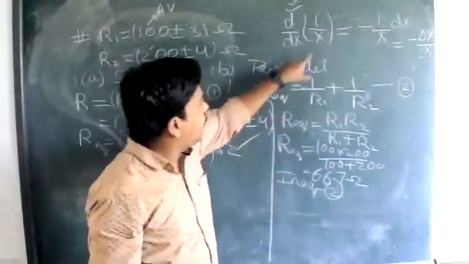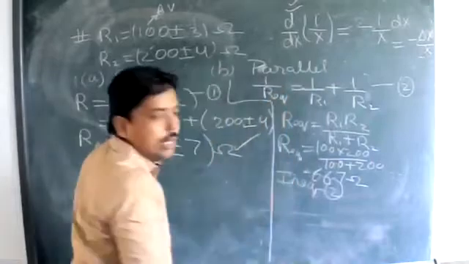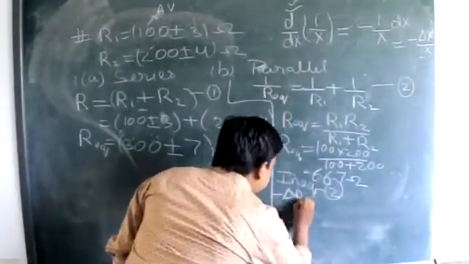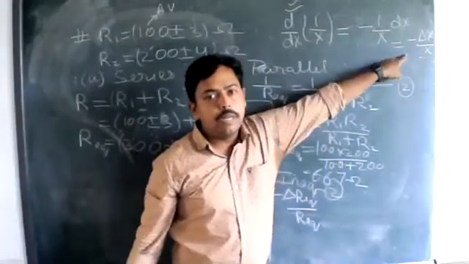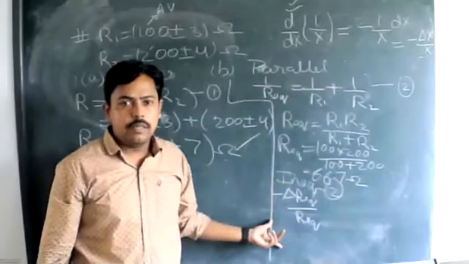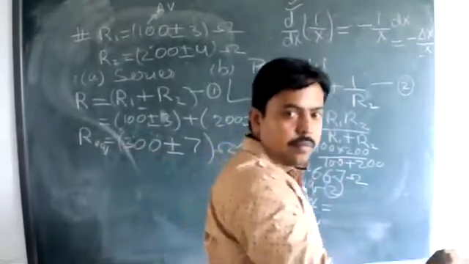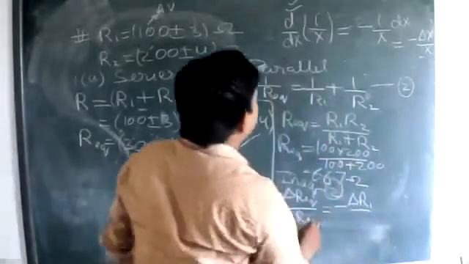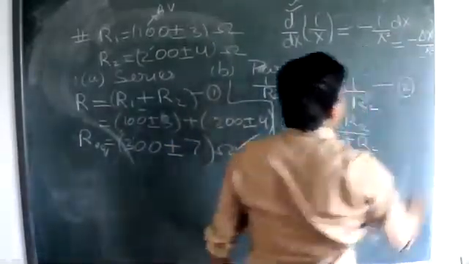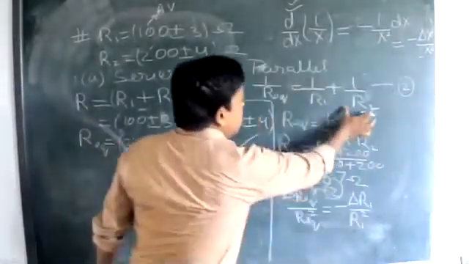So according to this format, what will we get? On the left hand side of equation 2, we can write this, because we have applied differentiation. Is it clear? Similarly, we can write like this also, minus delta R1 upon R1 squared. This is squared, so this will be R equivalent squared. Similarly, this will be R1 squared. The same format will be used for 1 upon R2 also.